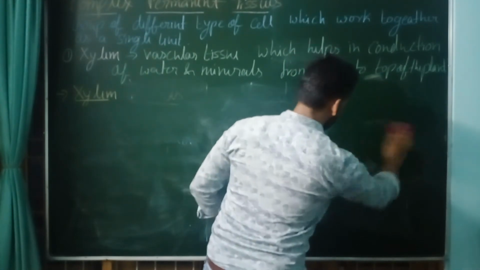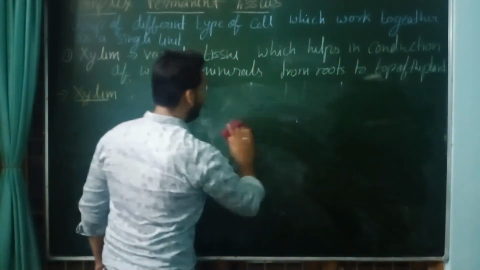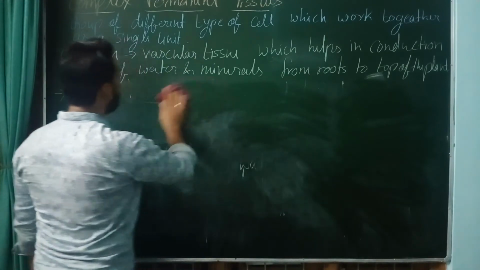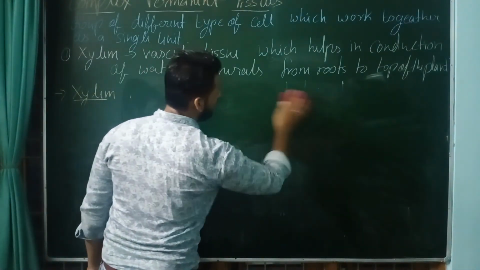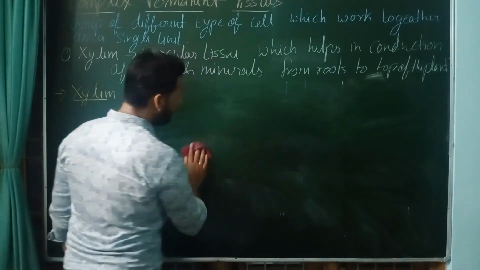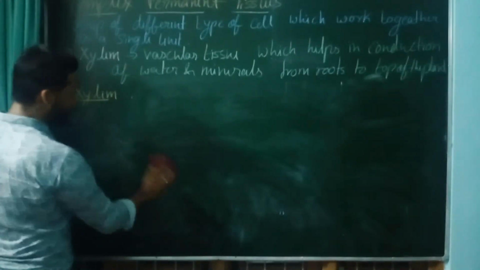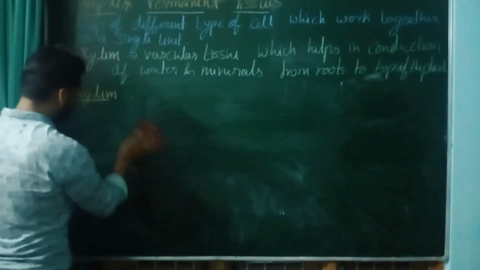The board is dirty. So xylem fibers are dead cells. They are sclerenchymatous cells. So these are dead cells and provide mechanical support.